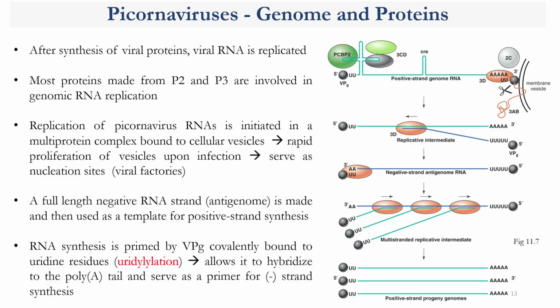So your negative strand is being used as a template, and as a result, you're gonna make multiple copies of the positive strand. So the negative strand genome or the antigenome roughly is about 1 to 2% of the viral RNAs that you'll find in the cell. Mostly it's positive strand. Okay, with me so far?